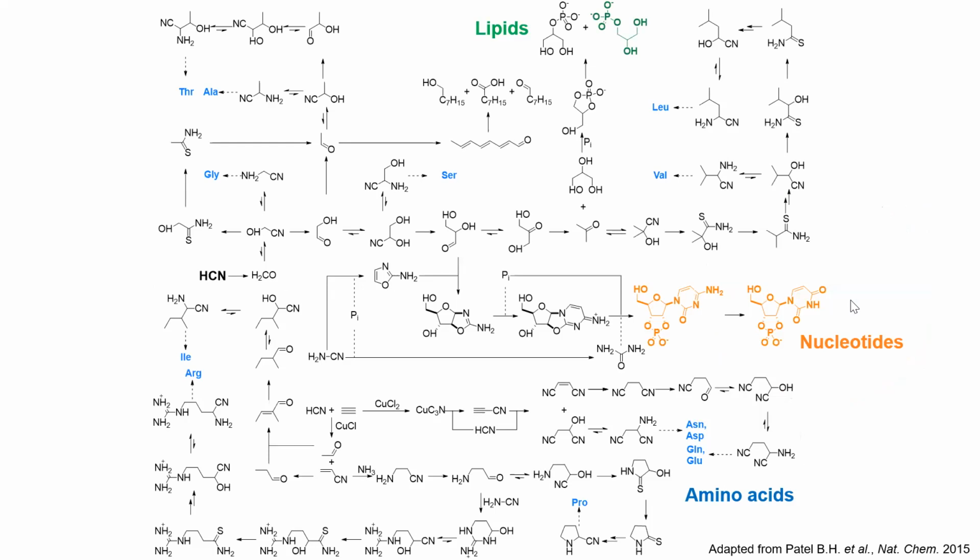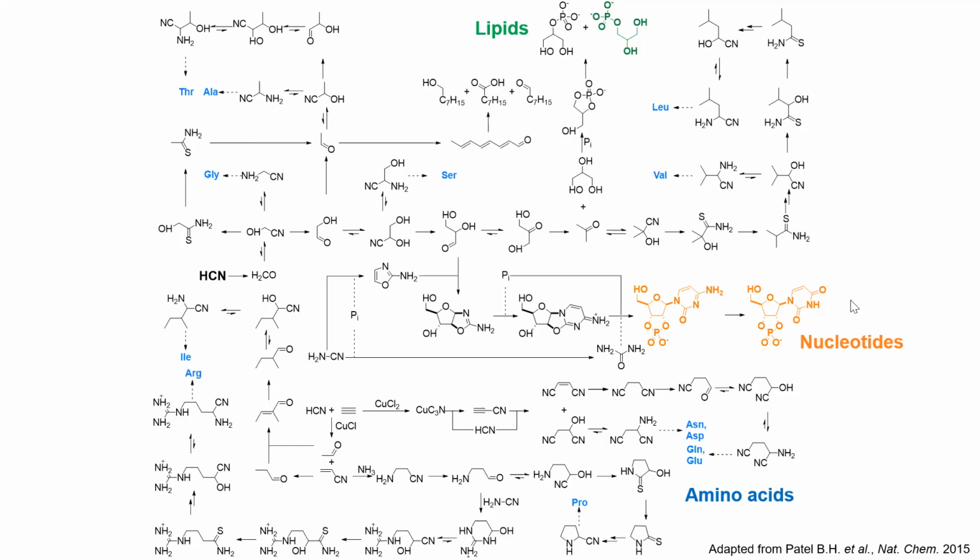It's not that lipids only form compartments and nucleotides and amino acids only take part in the primitive content of the protocells. I mentioned, for example, that polymers of amino acids and nucleotides can form coacervates, so they can form compartments themselves. But something else that has just started to be explored, and I think has a lot of potential, is the combination of all of these molecules that have the potential to interact with each other.